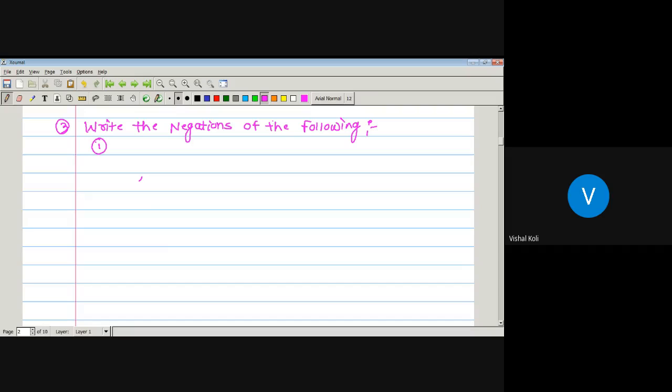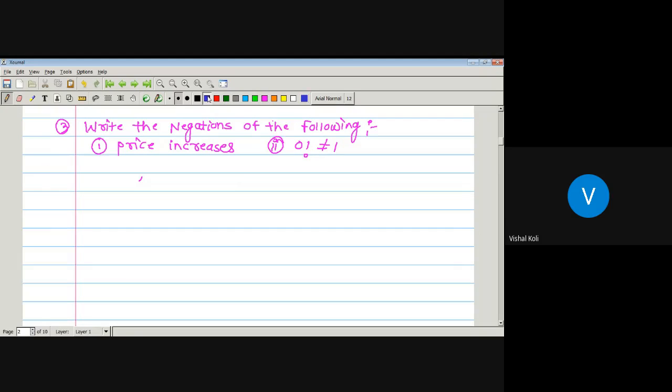First one, price increases, and second one, 0 factorial is not equal to 1. These are the two statements and we have to write their negations.